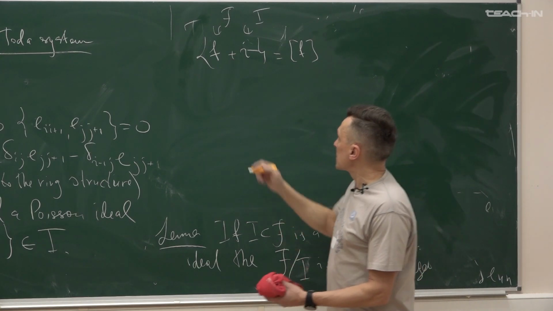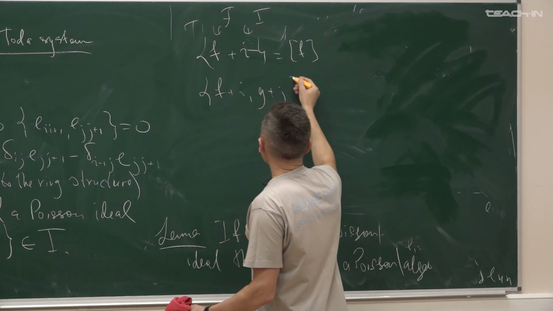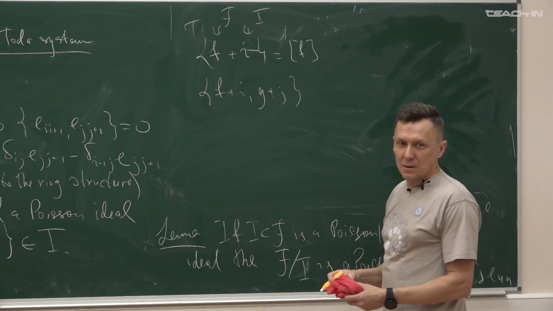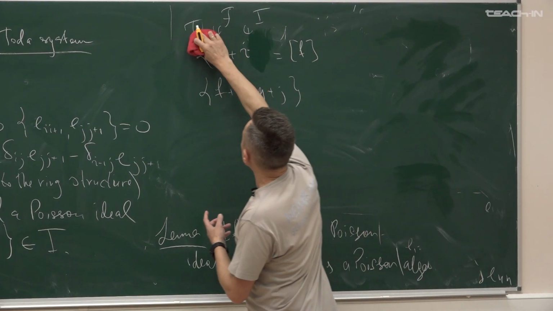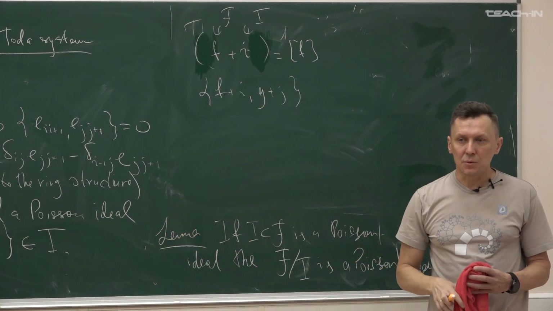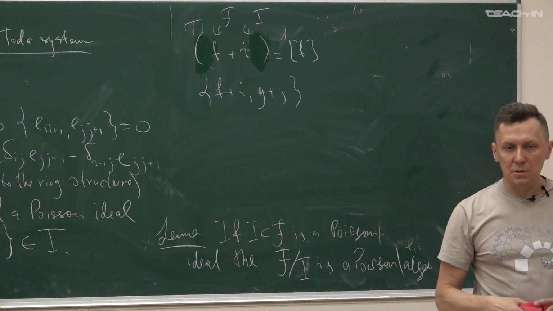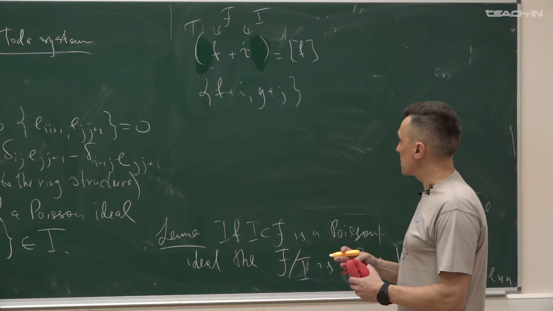And so we have to demonstrate that the Poisson bracket of F plus I and G plus J is well defined. The set of all such elements is a class of F in the quotient ring; F is a representative of the class.